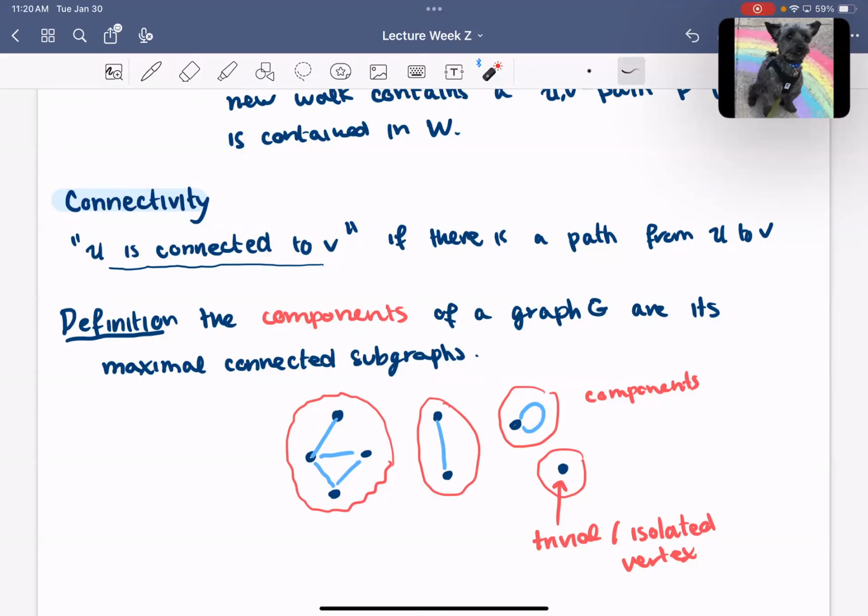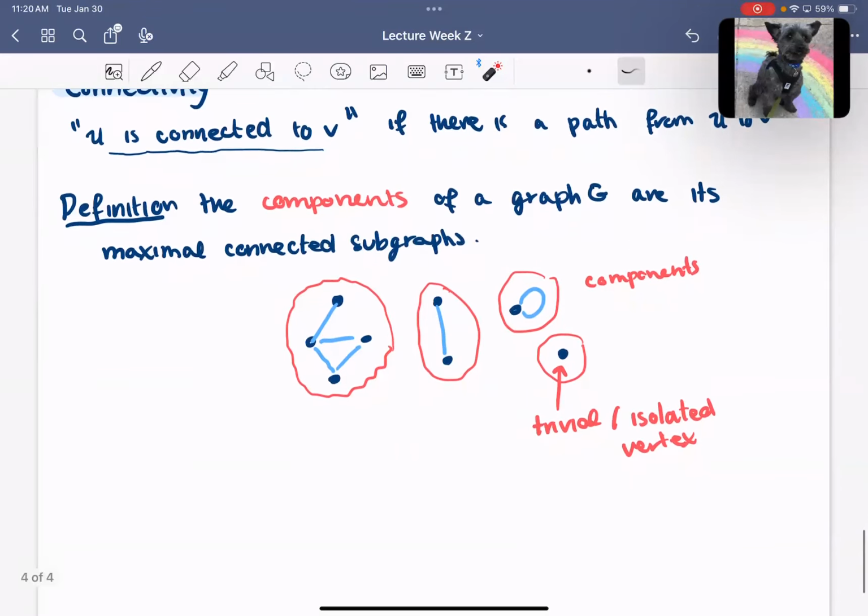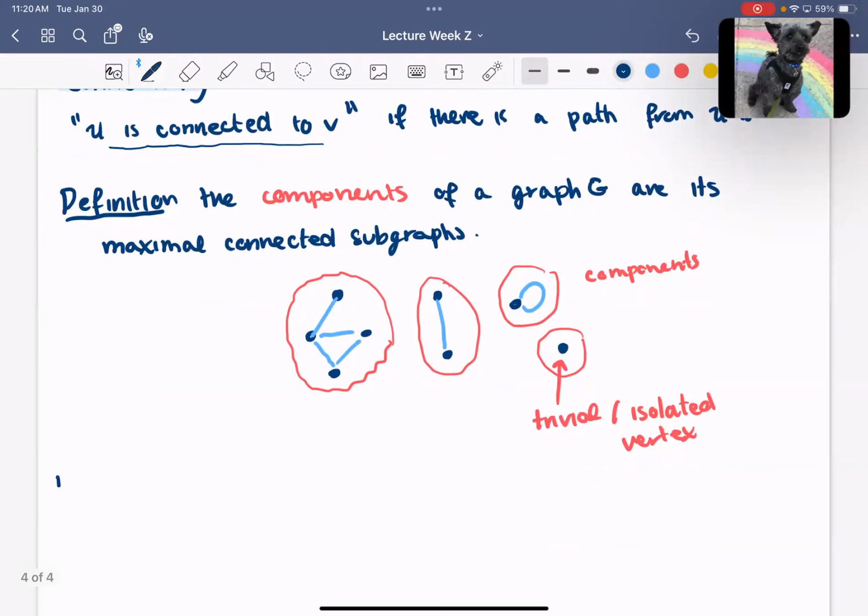So adding edges either decreases the number of components by 1 or 0, right? That gives us the following proposition, relating the number of vertices, edges, and components.